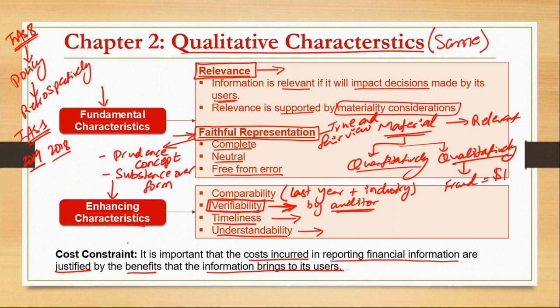So if I want to increase the comparability, the benefit of enhancing the comparability should be more as compared to the cost incurred to make the financials comparable. So we always have to look at the cost constraint: the information that we are disclosing, ensuring qualitative characteristics, should have cost benefit. Yes, Ali Yani, cost benefit analysis, we can say that.